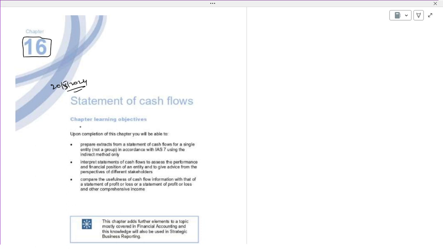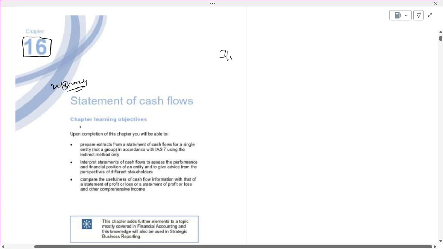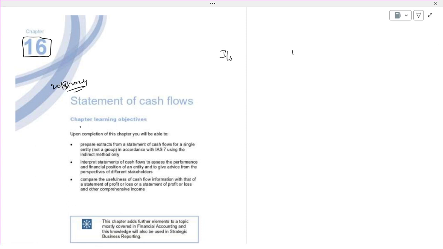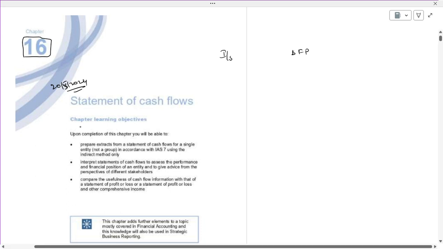Fine. See, very simple. You have the income statement and you have the statement of financial position. In the income statement, you will have income and you will have expenses. You have something related to cash and something related to non-cash.